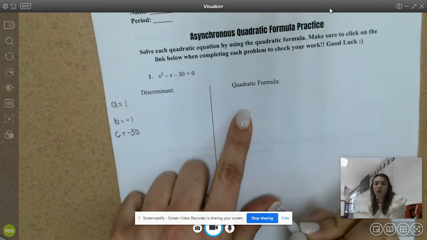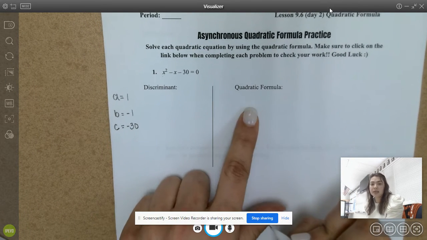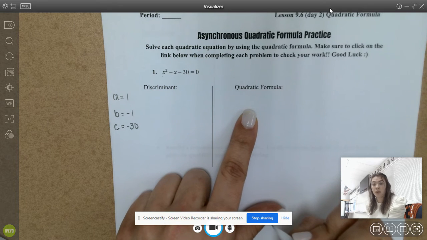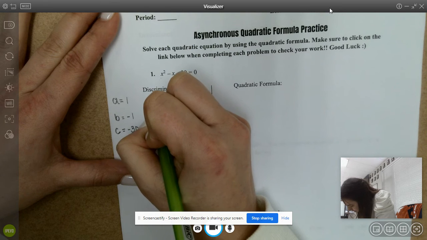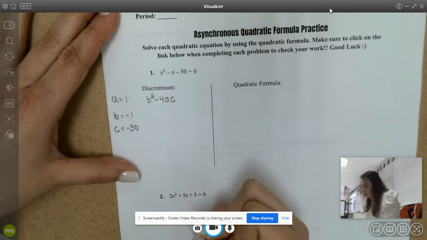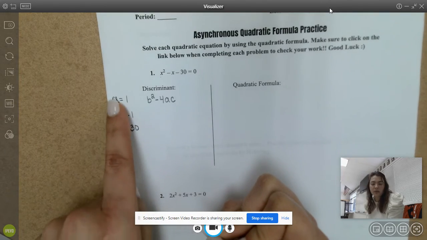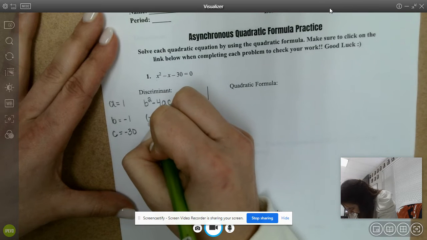Before we go ahead and solve using the quadratic formula, let's go ahead and find the discriminant, because the discriminant is going to help us underneath the radical inside that quadratic formula. So just a refresher from yesterday, our discriminant is b squared minus 4ac, using all of our values from over here on the side. So our b value is -1.